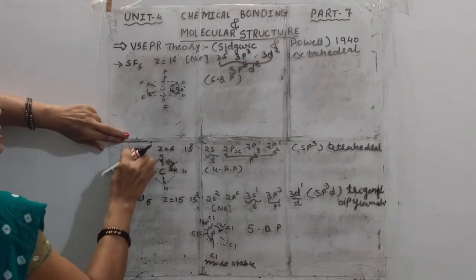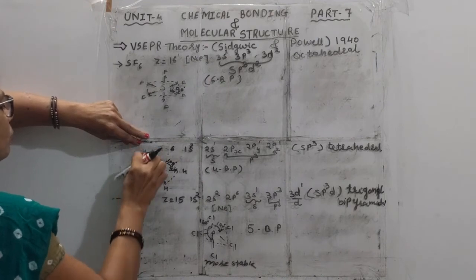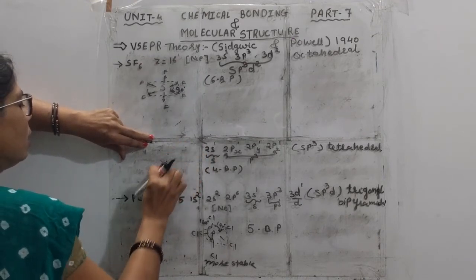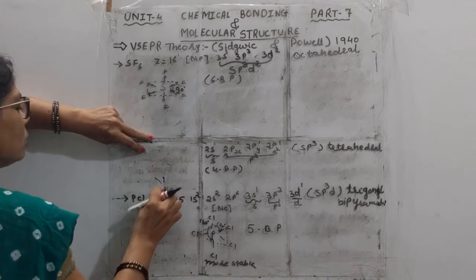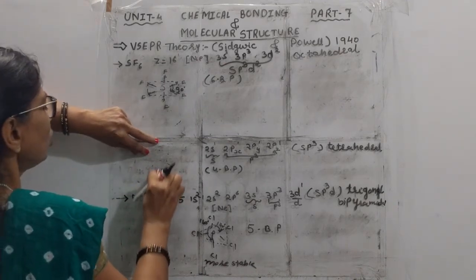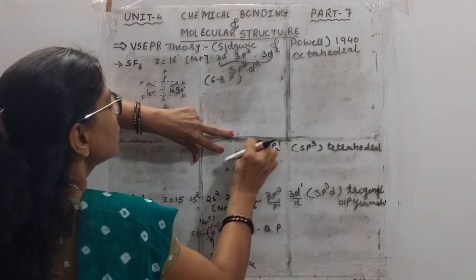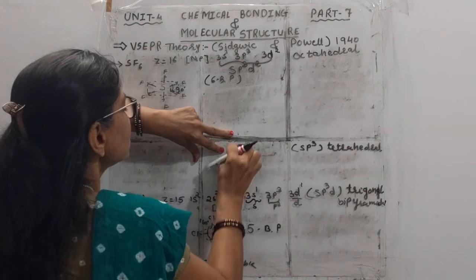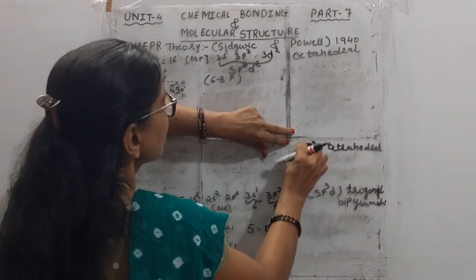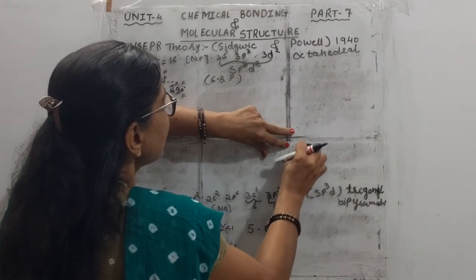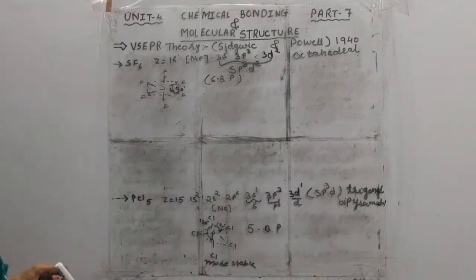Now we'll go with the last example, which is having 7 bond pairs, because generally, students, sp3d2 is the maximum for which questions are asked; more than this is generally asked very rarely, so you only need to remember up to here. But still one more example we are taking, and we'll go with the shape also for the same. After tetrahedral, students, sp3 hybridization, sp3 is having the tetrahedral shape with 4 bond pair, then PCl5 is having 5 bond pair, and the shape for PCl5 is trigonal bipyramidal.